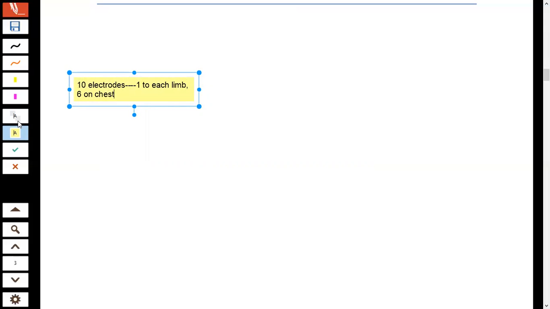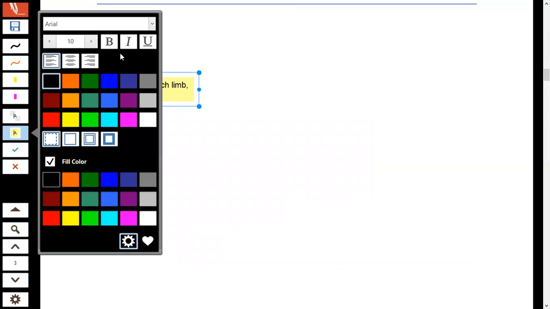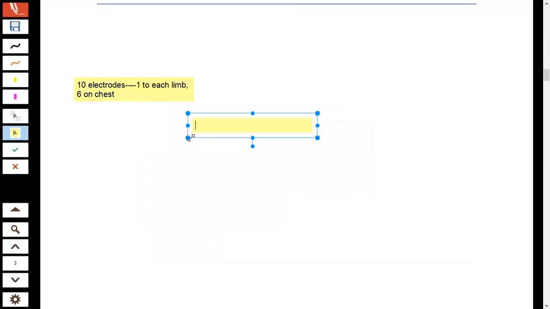This is the significance of these chest electrodes. And out of the 12 leads here, we have 6 limb leads and 6 chest leads.